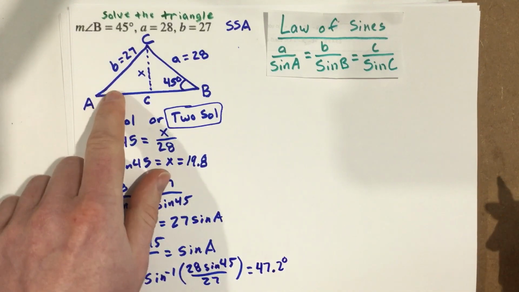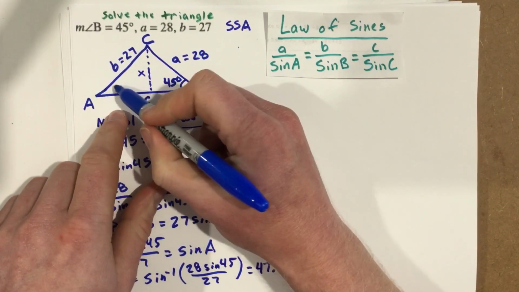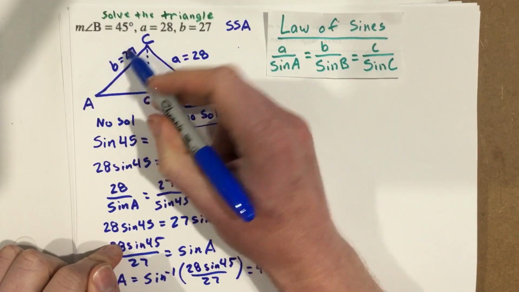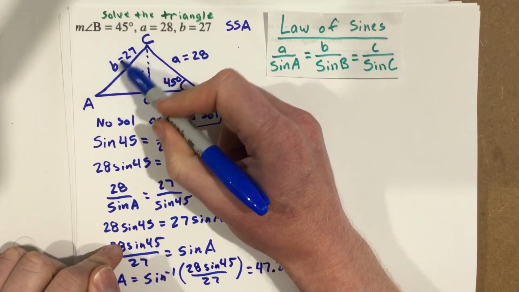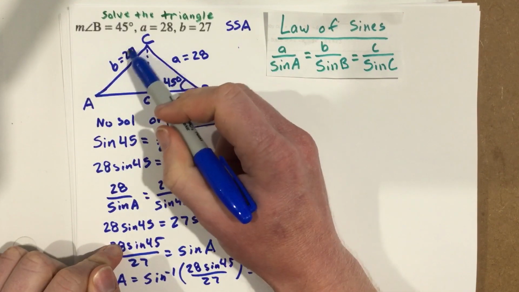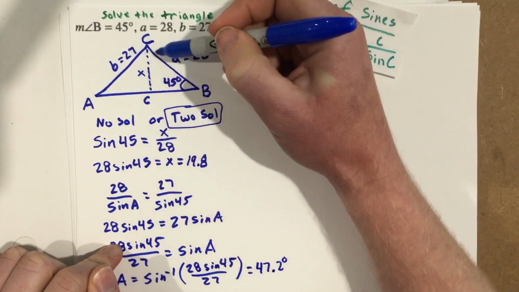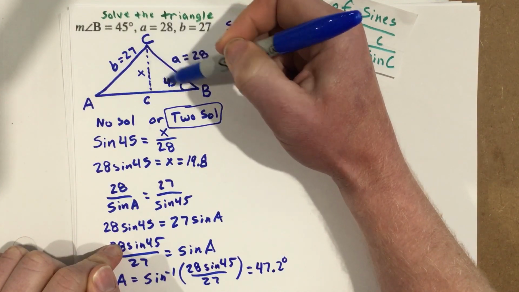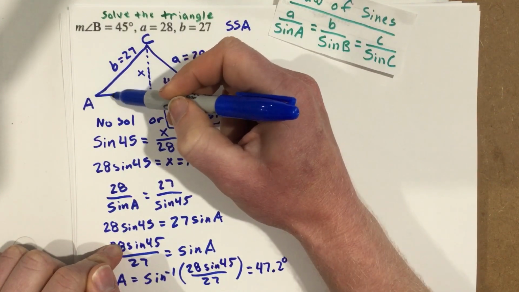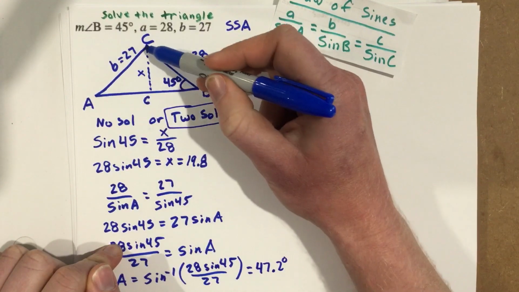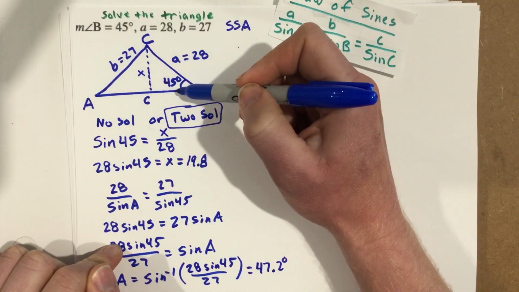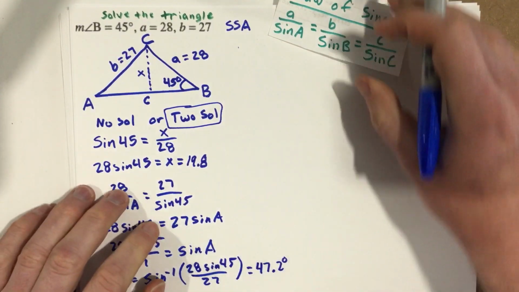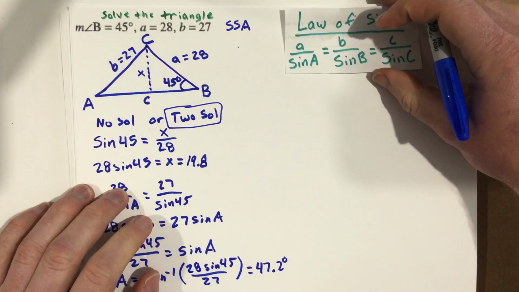That means A, this angle here, is 47.2. But that's not the only option because this side length is smaller than this side. So 27 could actually fit here, but it could also be an obtuse triangle and actually go this direction. So it could have 47.2 as its angle, or it could have the supplement of 47.2, which would be 180 minus 47.2 as its angle.